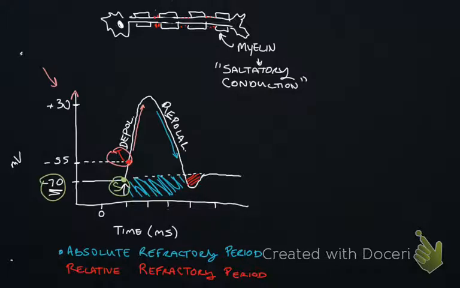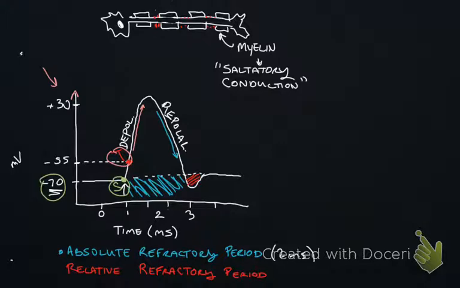It's probably only about 2 milliseconds, sorry, in which you're incapable of firing another action potential. And what this is due to is those sodium channels. They're time sensitive and they'll actually refuse to open back up. This keeps the action potential going in one direction instead of going backwards.